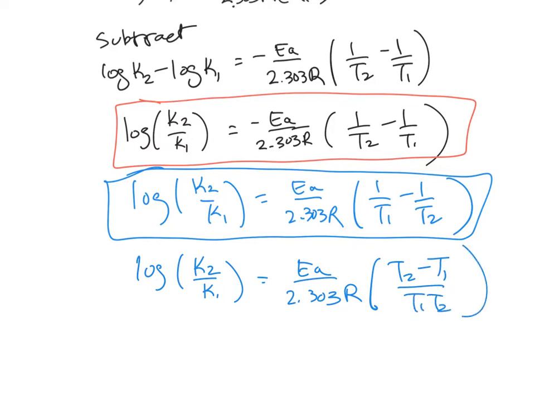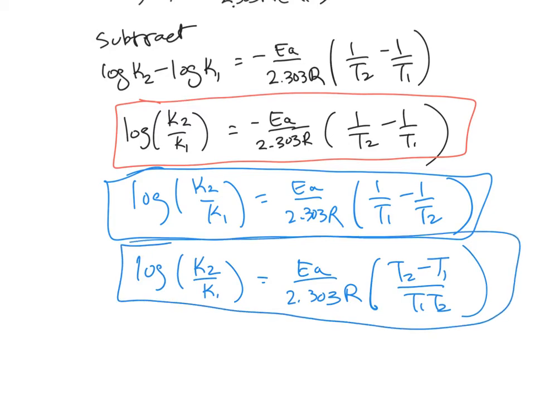And some people like this because this is delta T in the numerator. You just change the temperature, just subtract the temperatures, divide it by that number, T2 times T1. So, I don't know, people like that. So that's another form.